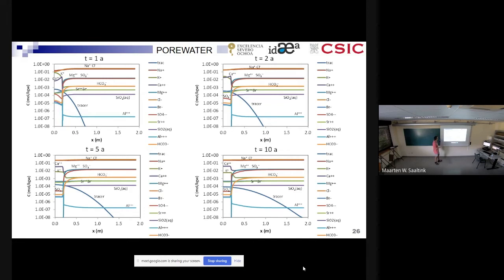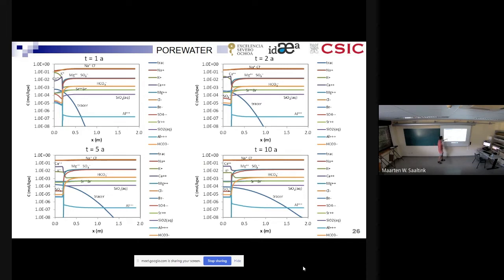So basically, you see purely conservative transport, not affected by reaction. This tracer was initially in the concrete, but not in the rock. So you see how this tracer goes into the rock. After 5 years or after 10 years, you have tracer transport affecting something like 1 to 2 meters distance.